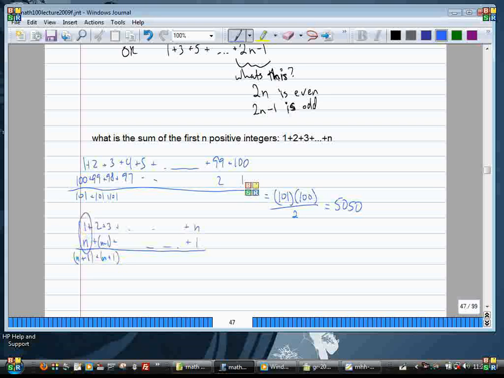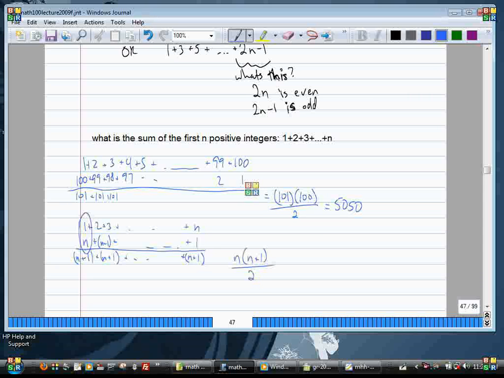We have n, because it's counted quite literally by our original sum: 1, 2, 3, 4, 5, all the way up to n. So we've got n plus 1, n many times. So this is going to be n times n plus 1. But now what do we have to do to get the result that we want? Divide by 2, because we've counted everything twice. That was the pairing.